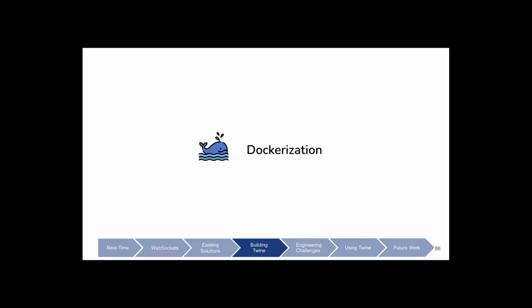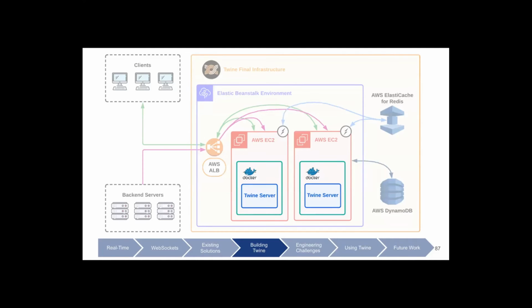Having multiple Twine server instances in our infrastructure does present the potential for inconsistencies and dependency conflicts between instances. Thankfully, this can be remedied using Docker. Docker provides a standardized and isolated container around the Twine server logic and its dependencies, creating an easily reproducible environment.